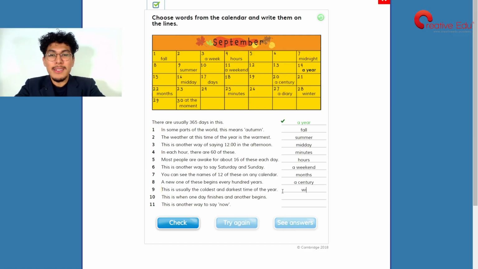And of course, it is winter. All right. Number 10. This is when one day finishes and another begins. Which one could that be? That is midnight.